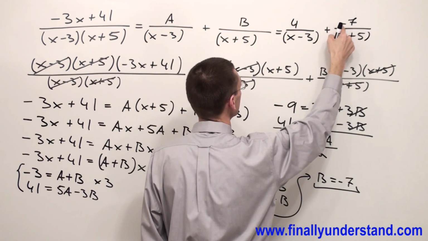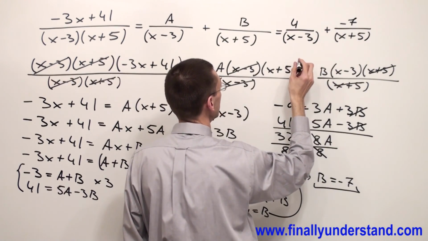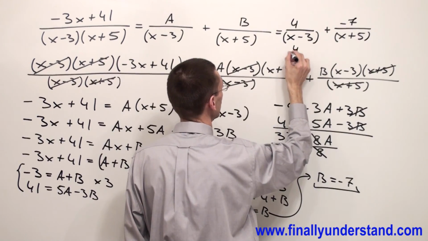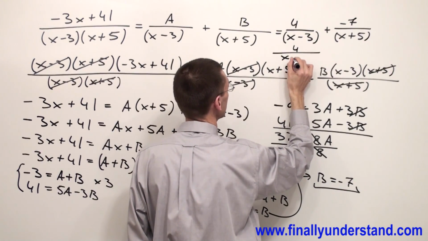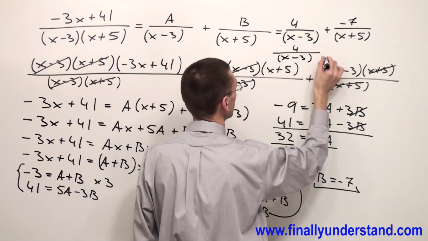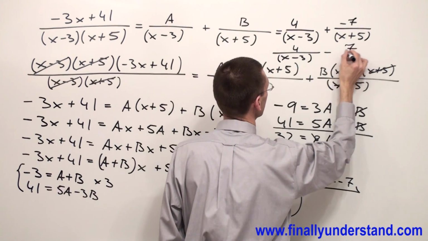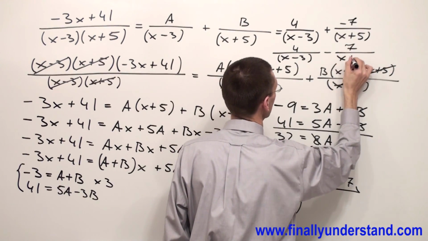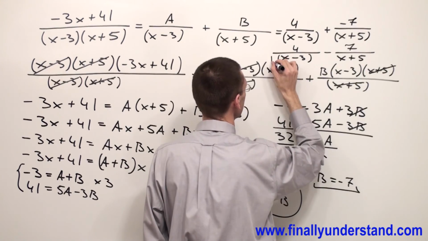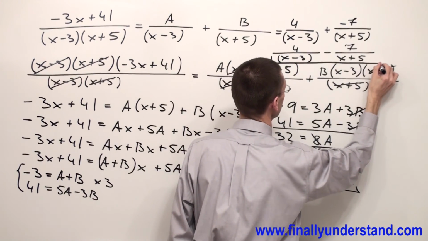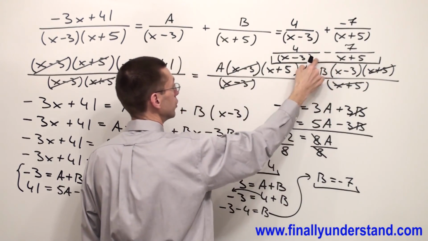Positive times negative is going to give me negative. That's why I'm going to have 4 over x minus 3 minus 7 over x plus 5. And this is the solution to my problem.